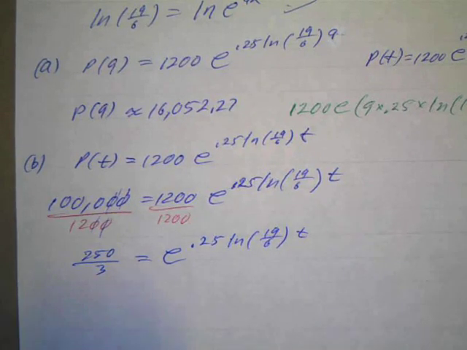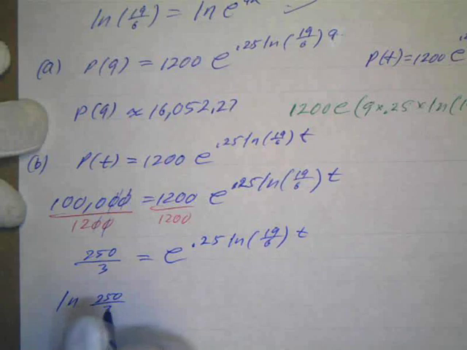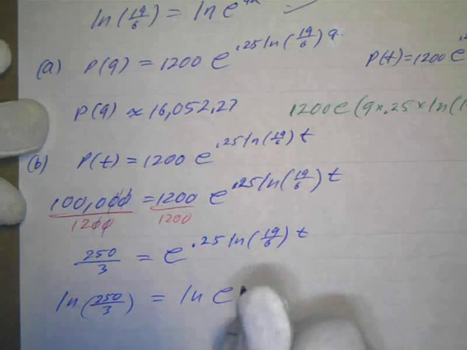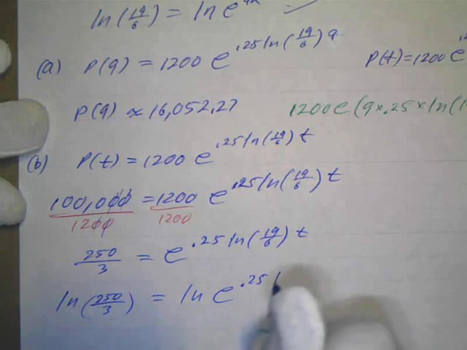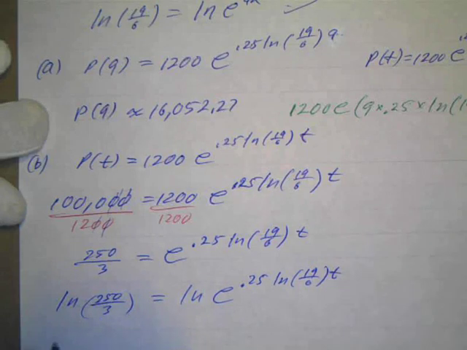And then I'll take the natural log of both sides to get this down in front so I can solve for t. So natural log of 250 divided by 3 equals the natural log of e to the 0.25 natural log of 19 over 6 t. Bring that in front.